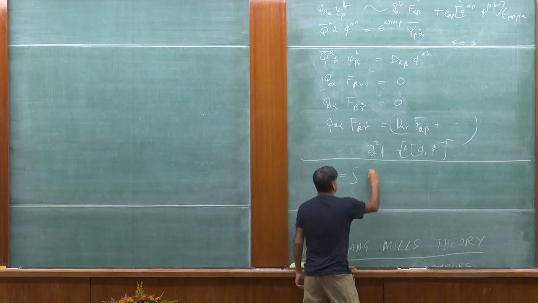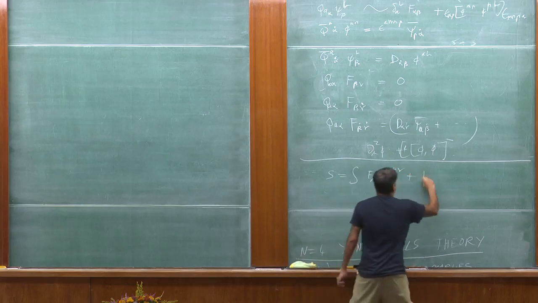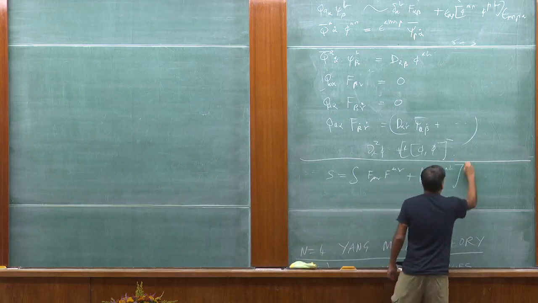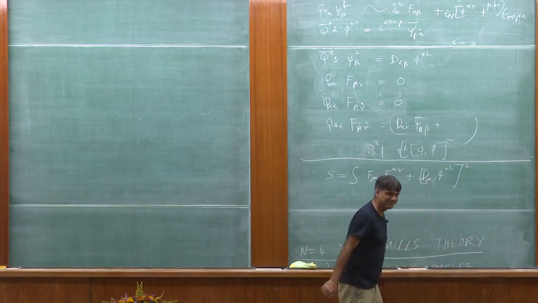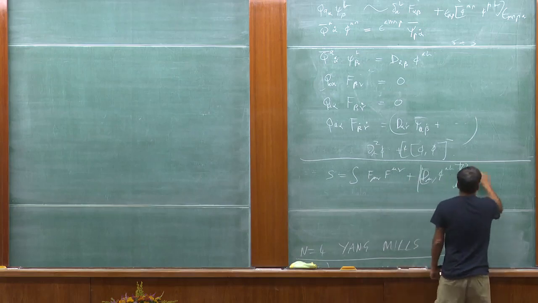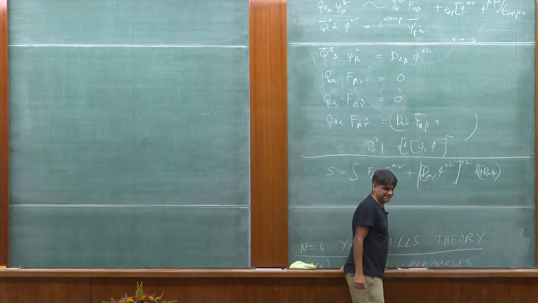So the action has, of course, F mu nu, F mu nu. It has D mu phi AB, the whole thing mod squared, plus D mu psi bar, D mu psi. And then it has two other kinds of terms.